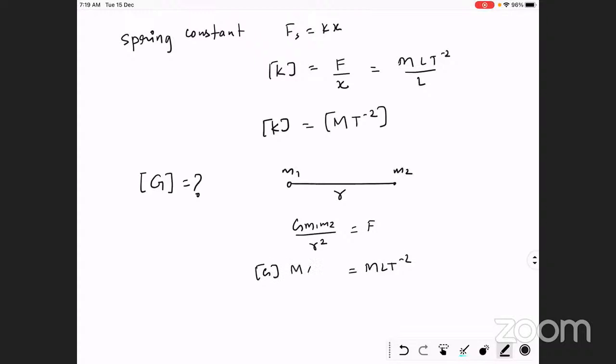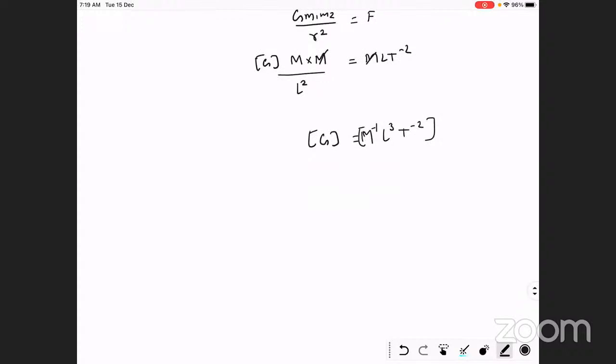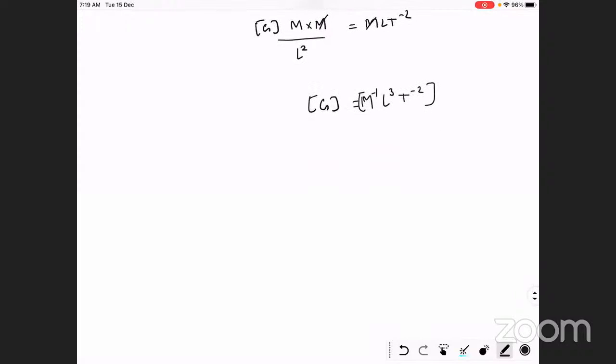G we leave as G, M into M for m1 m2, and L square for r square. Now try to solve this. You got the dimensional formula of G: L power 3, T power minus 2 and M power minus 1. Understood? Understood everyone? Yes, sir.